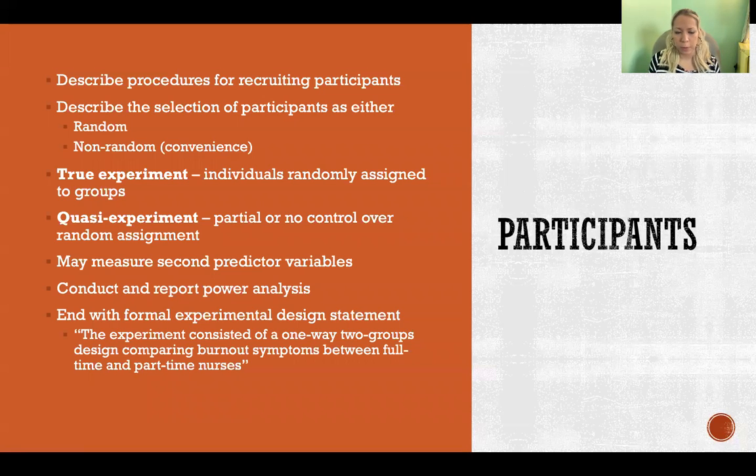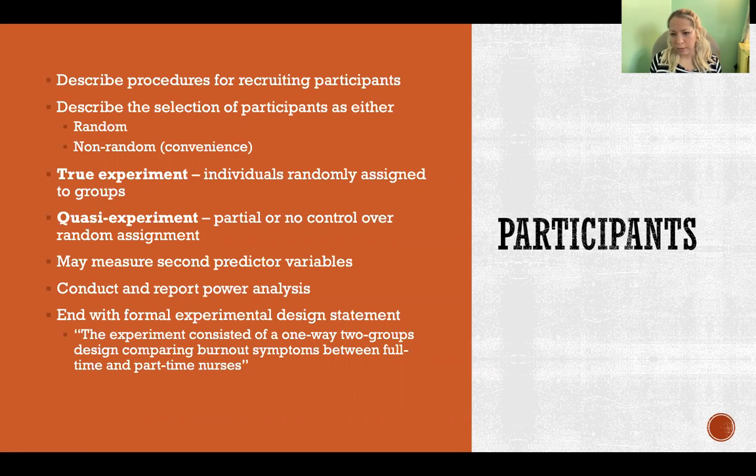So a true experimental design means that once you have your participants, that they are randomly assigned to the different treatment groups. And quasi-experimental design would mean that they're not randomly assigned, that the researcher has partial control or maybe no control over the participants' assignment to the different groups.